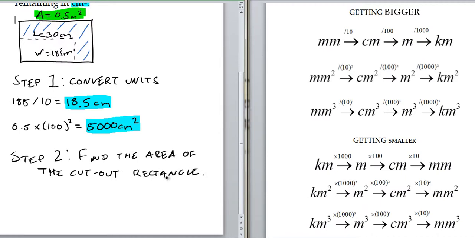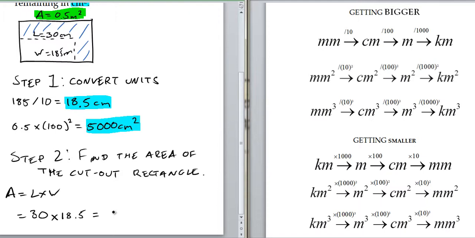Well, what's the area of a rectangle? The area of a rectangle is length times width. So the length here was 30 centimeters, so we do 30. The width was 185 millimeters, but we want to do it in centimeters, right? We always want to stay in the same unit. And the one we want here is 18.5 centimeters, so we do 18.5.